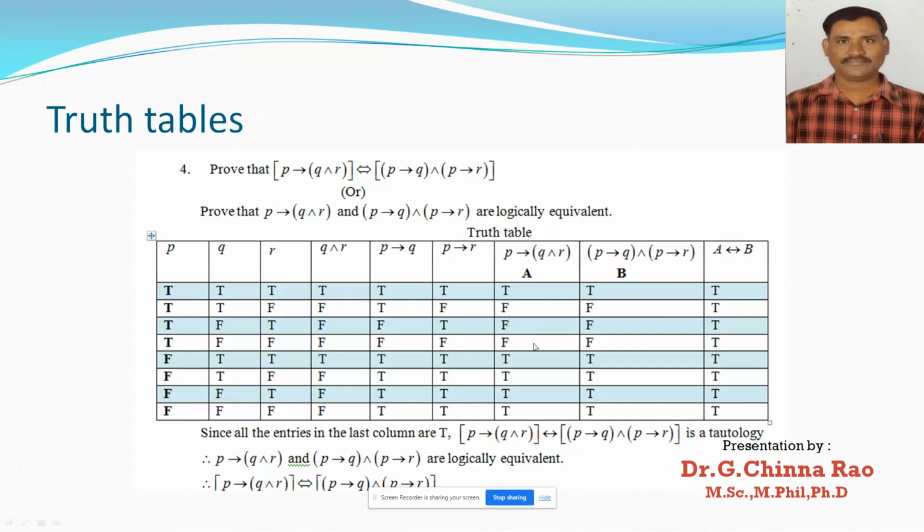So in this way A biconditional B is a tautology. When A biconditional B is a tautology, then we say A is equivalent to B. Whenever we want to prove equivalence, you have to show A biconditional B is a tautology.